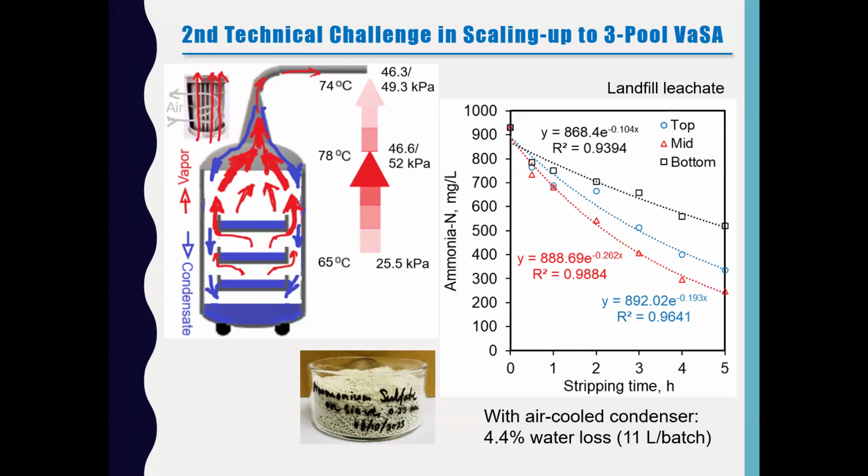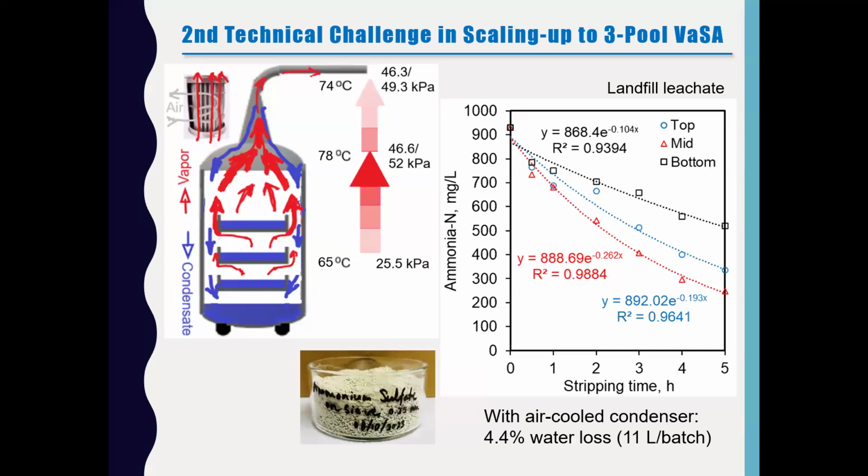The issue is that vapor from all the tanks meets in the stripper head and heats the stripper head to 78 degrees. And when vapor condenses, temperature decreased to 74 at the top of the demister.